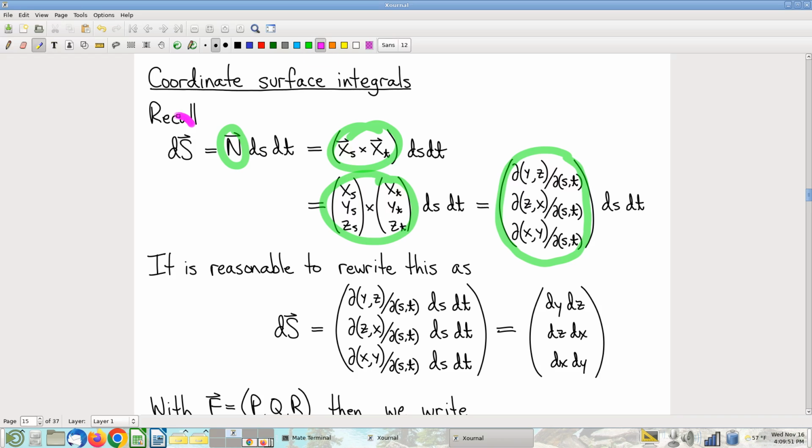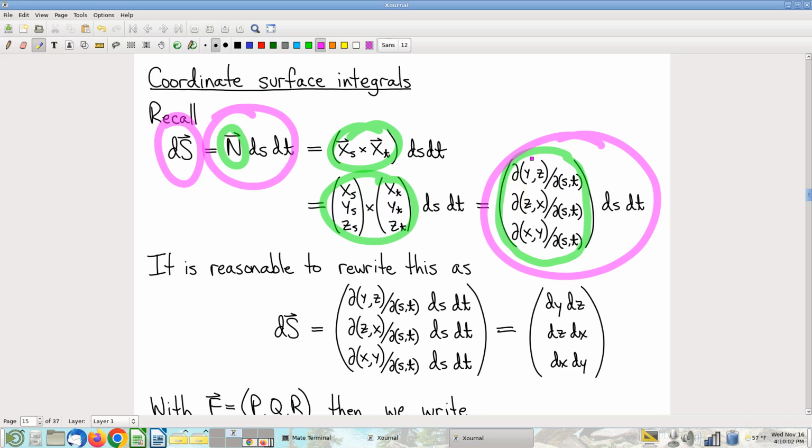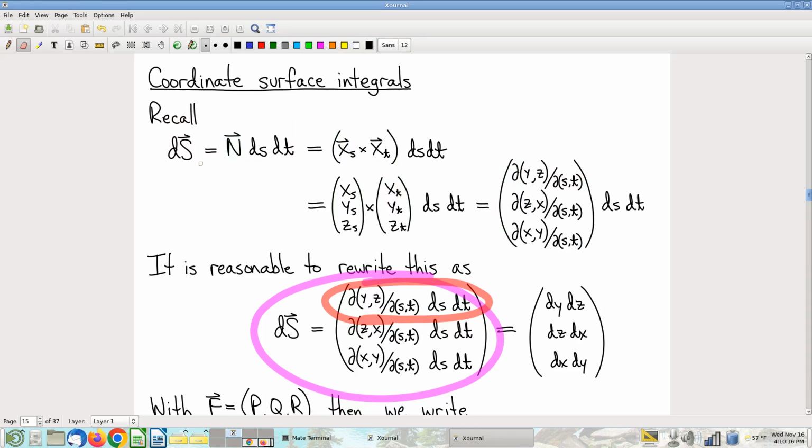Keep in mind what we're interested in is now the dS vector. The dS vector kicks in this extra factor of ds dt. And multiplying by ds dt, distributing that ds dt to each of the coordinates. Now, let's look at each one of these. Let's look at this thing right here where I've got partial yz partial st times ds dt.